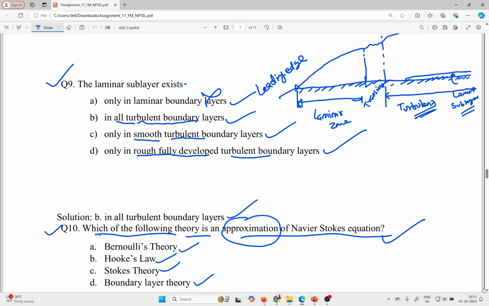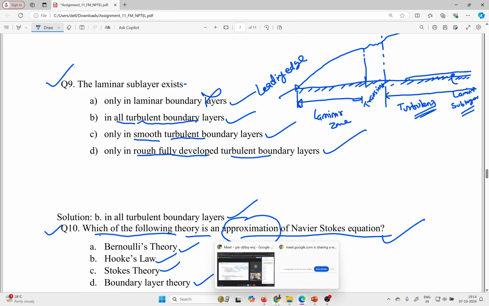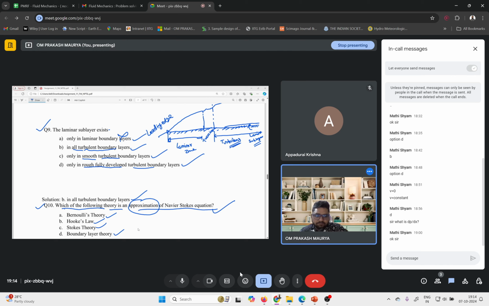So please try to give your answer. We have discussed such type of question previously, maybe question number 6, 7. So please try to give your answer in the chat box.